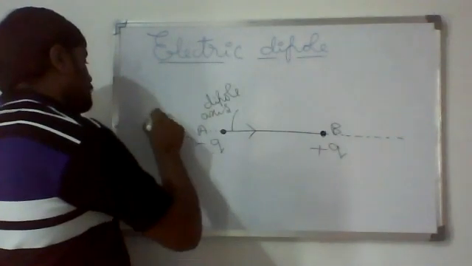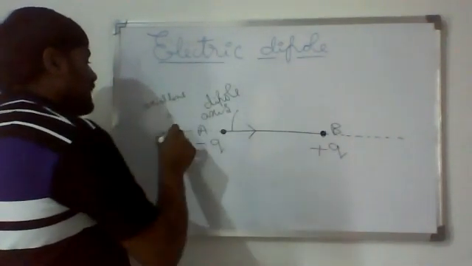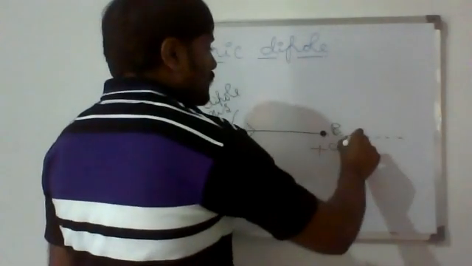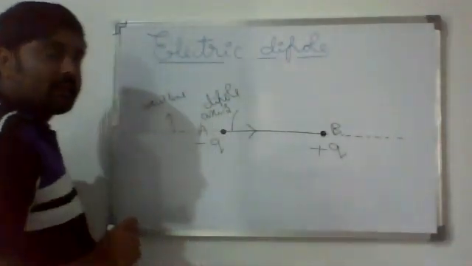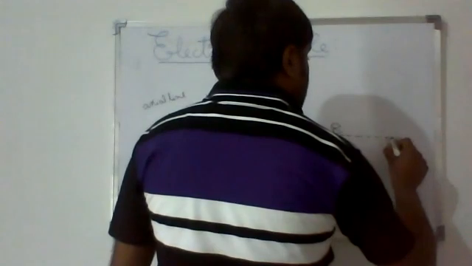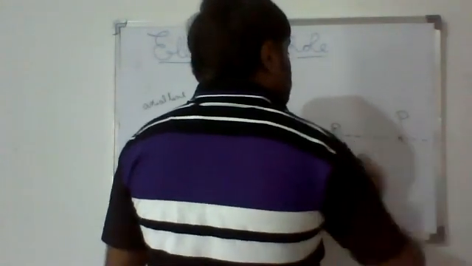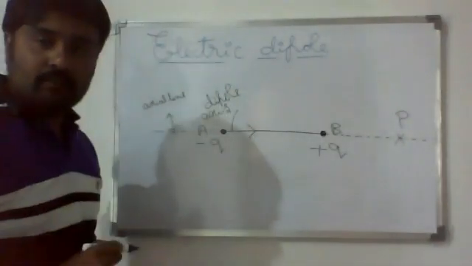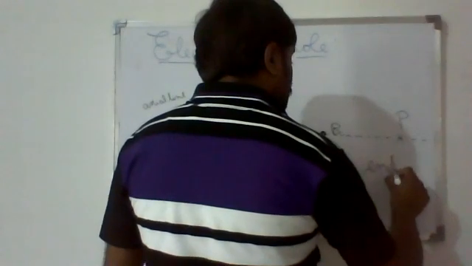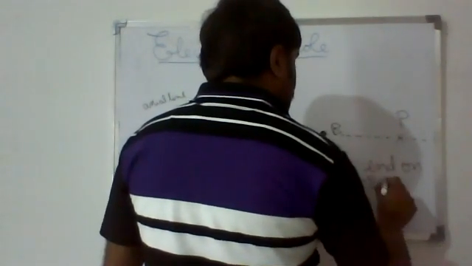This is a line that passes through the dipole axis. What is this? Axial line. And a point on the axial line is called end on position.